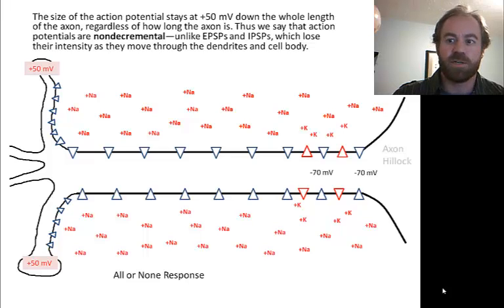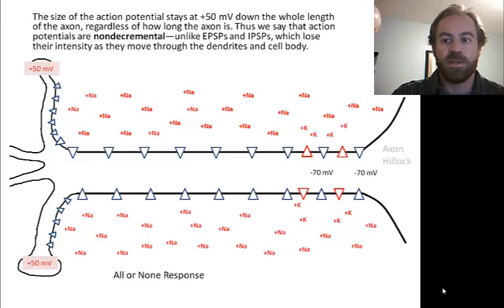The second process that serves to reset the local environment to negative 70 is that the voltage-gated sodium channels close when the action potential reaches its peak, stopping the flow of positively charged ions into the neuron. The potassium channels remain open after the sodium channels close, and thus the outflow of potassium ions continues until the voltage reaches the resting potential, thus recharging the battery so that the axon hillock is ready to initiate another action potential.